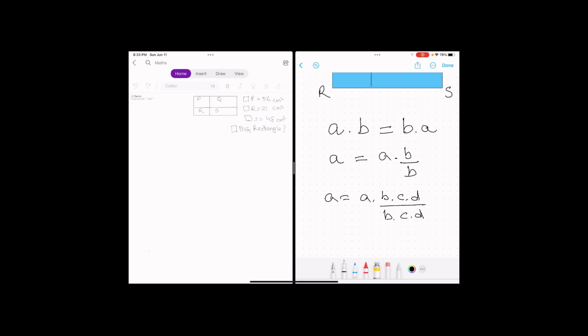So we will be using rules like this to work through this problem.